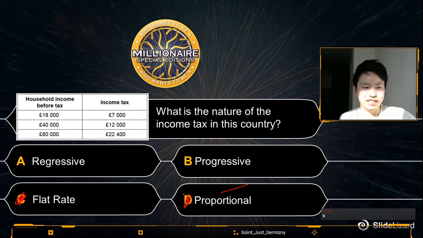So is it progressive or regressive? How do you calculate it? So we've got a B. So what does a progressive tax mean?